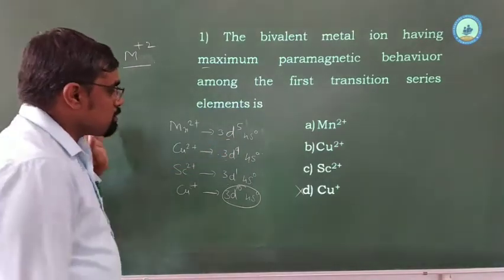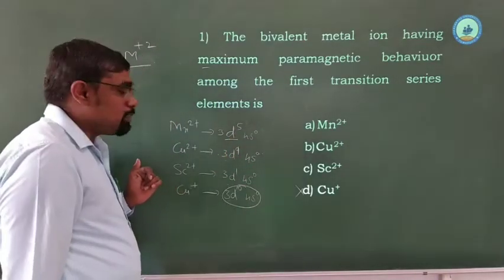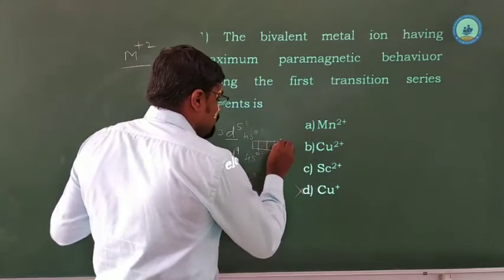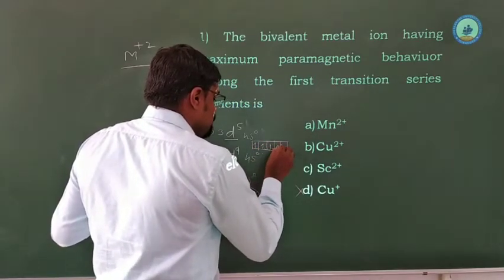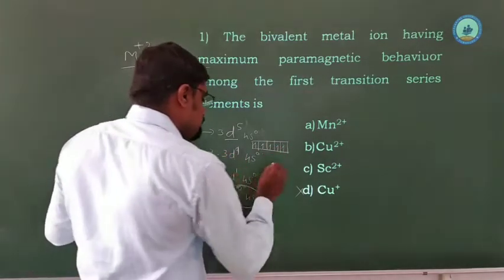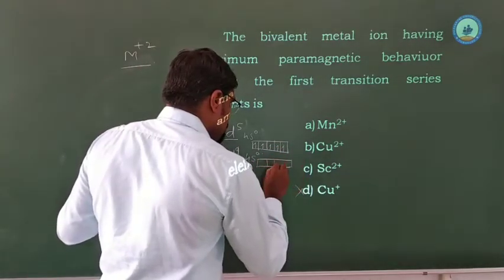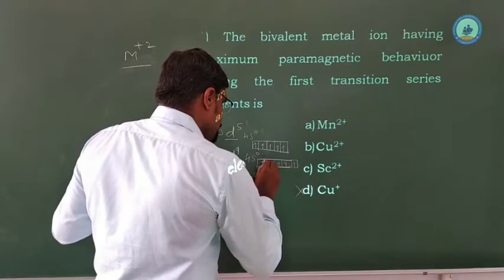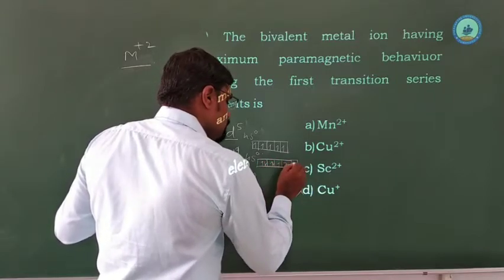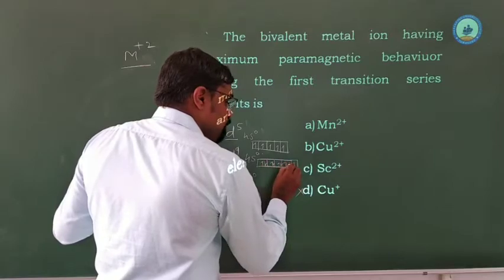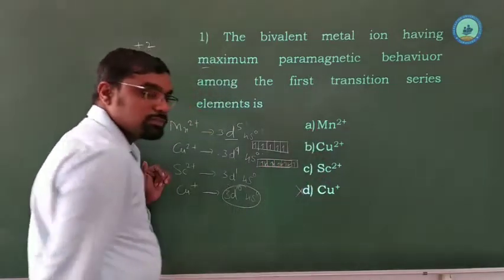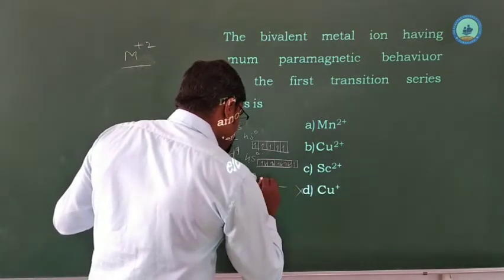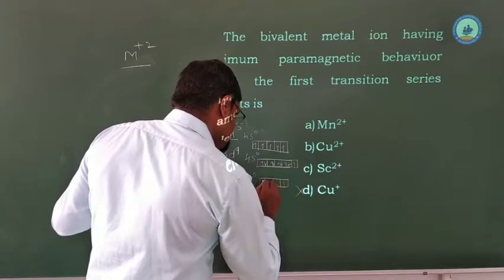So how many electrons are present in the d orbital? d5, so we write 1, 2, 3, 4, 5, one electron in each orbital. In 3d9, if you fill the electrons, 1, 2, 3, 4, 5, 6, 7, 8, 9, only one unpaired electron is there, and in scandium also only one unpaired electron is there.